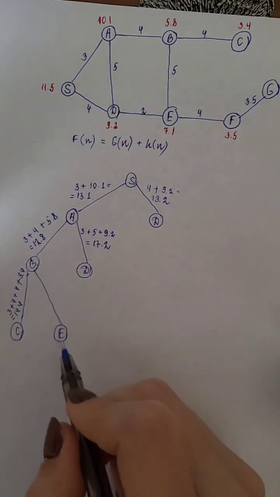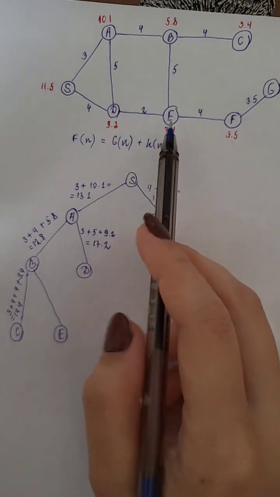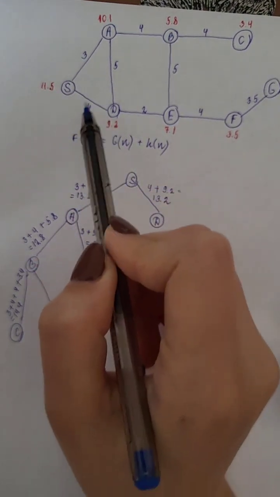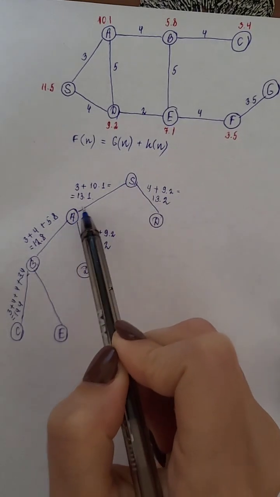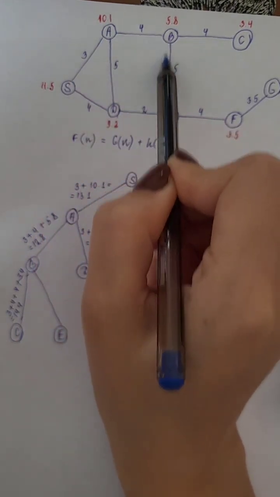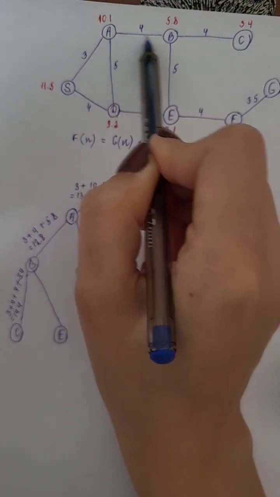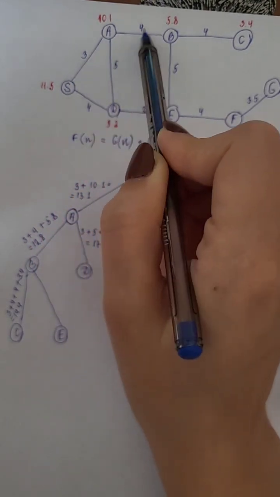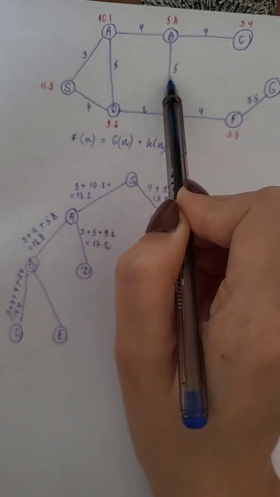And let's look at E. What's the distance between S and E? This one. S, A, B, B, E. So we have to look at this road. 3, 4, and 5.